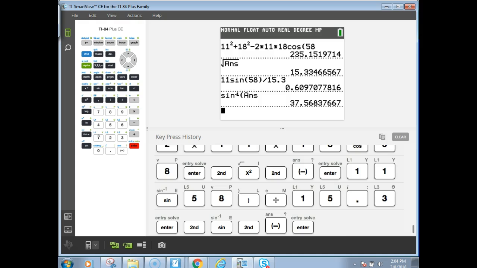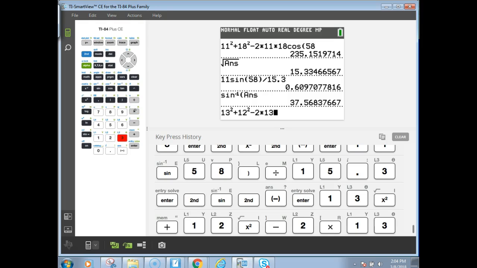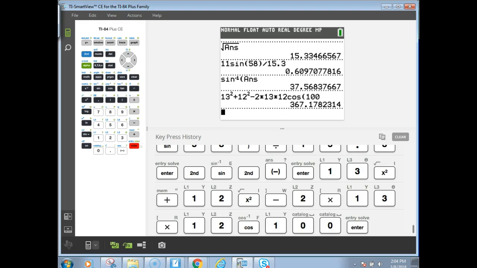So 13 squared plus 12 squared minus 2 times 13 times 12 times the cosine. You don't have to hit the times button, times the cosine of 100. Okay, that's 367.178, and so on. Take the square root.